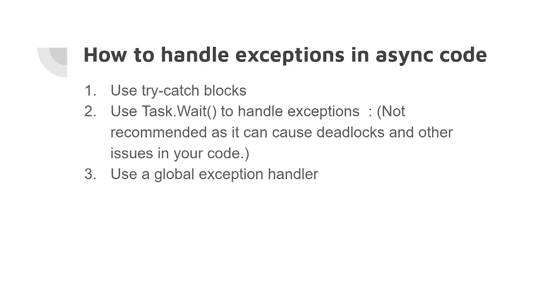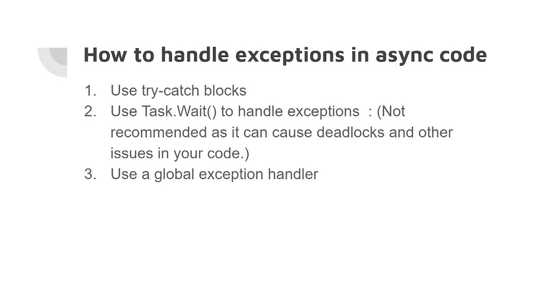As in synchronous code, you can use a try-catch block to catch exceptions in an async method. If an exception is thrown within the try block, control is transferred to the catch block, where you can handle the exception as necessary. The second approach is to use Task.Wait to handle exceptions, but this is not recommended as it can cause deadlocks and other issues in your code.